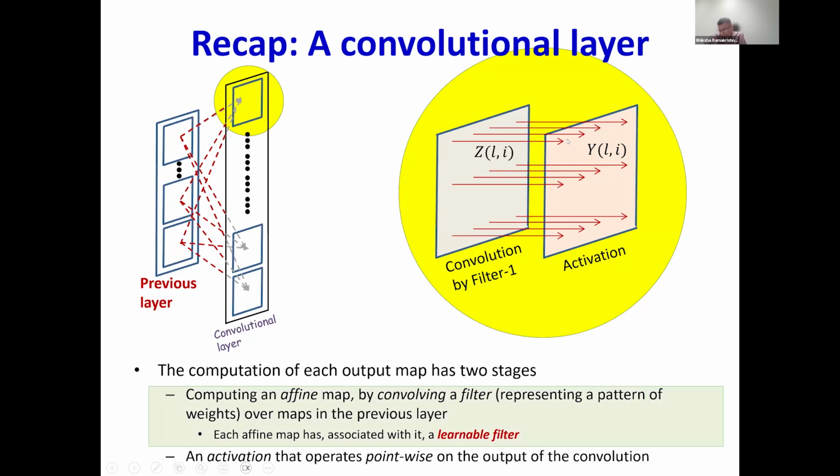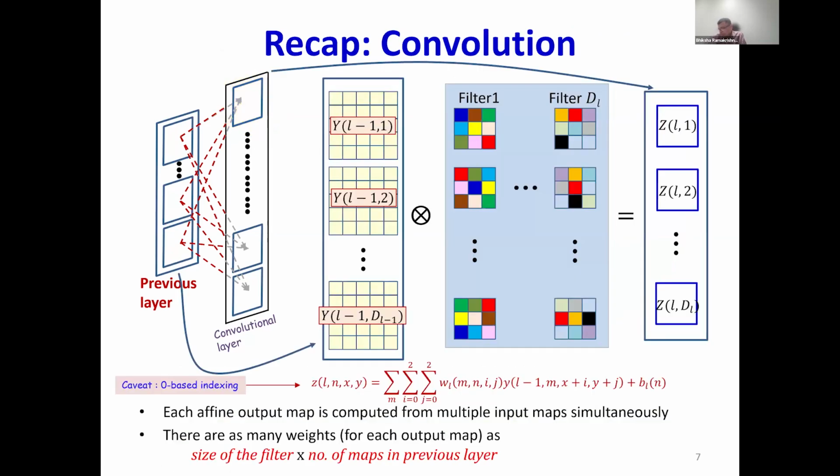So let's look at how these things work, computing this affine map. Each affine map has associated with it, as we saw, a filter. And so this is what the computation looked like. You have several filters, one for each output affine map. And each of these filters convolves with a set of maps from the previous layer. Again, we also saw that these maps are sometimes called channels.